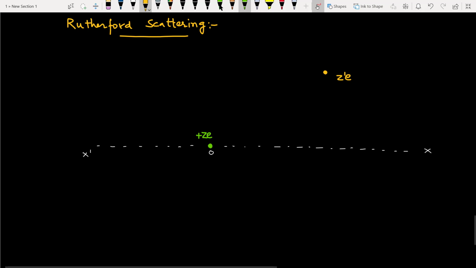and let this be having the coordinates r and theta at any time t. So as it is having coordinates r and theta at any time t, if we try to draw this, this is the direction of the incident particle, and as it will be moving towards the nucleus, it will cover a path like this.